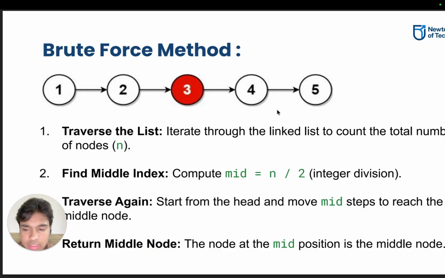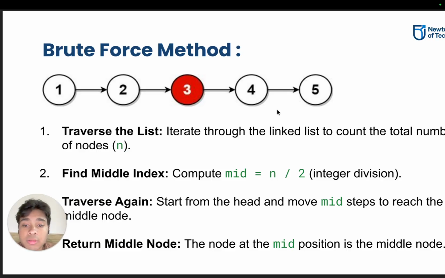As in the example, I have 7 numbers, 1 2 3 4 5 6 7, so I will count the total number. To handle the even case, let's take a 6-digit number: 1 2 3 4 5 and 6. The count of the total will be 6.